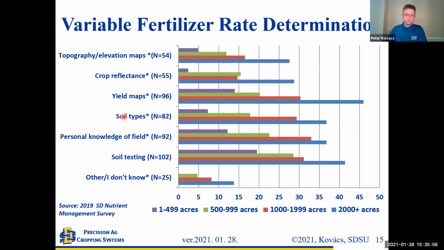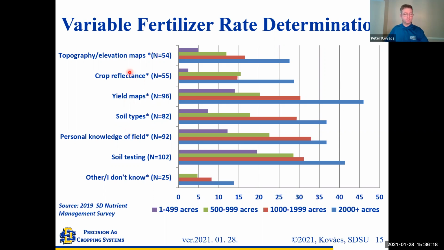On the x-axis, we have the percent of the responders who use soil test, soil types, or yield maps to determine their fertilizer rates, and you can see the total answers for each of the categories.